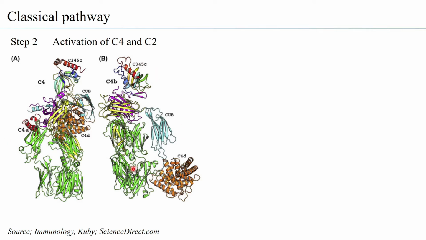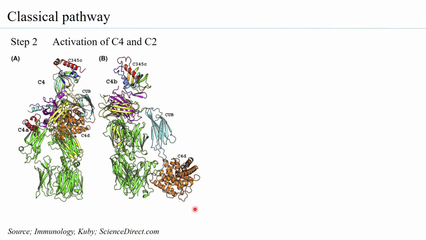But what is interesting to note is that, having removed C4a, the conformation of C4b has changed. There are domains that have become exposed. This is again very important. Let us see why.